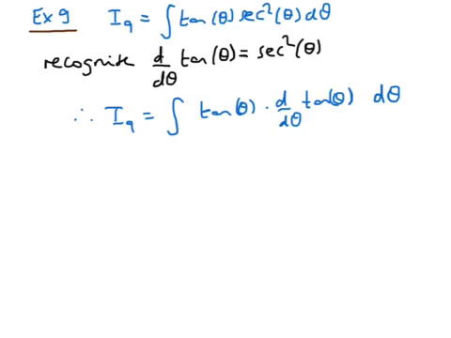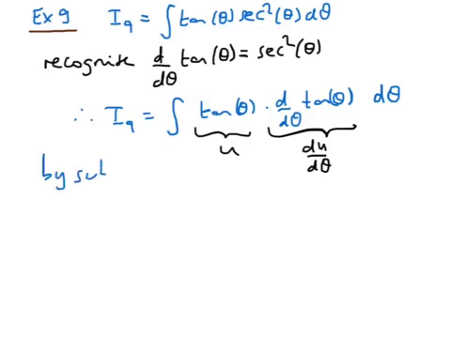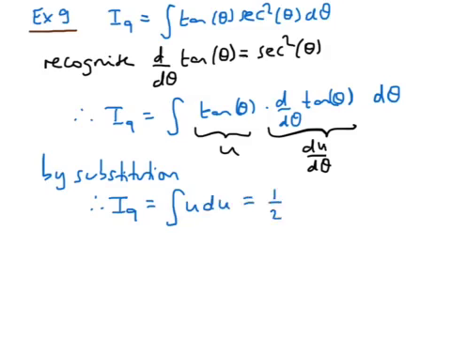So if we call this factor here u, then this factor here is du d theta. We're now going to integrate this product with respect to theta, so by the substitution formula, this tells us that I9 is equal to the integral of u with respect to u, which is once again just a half u squared plus an integration constant.